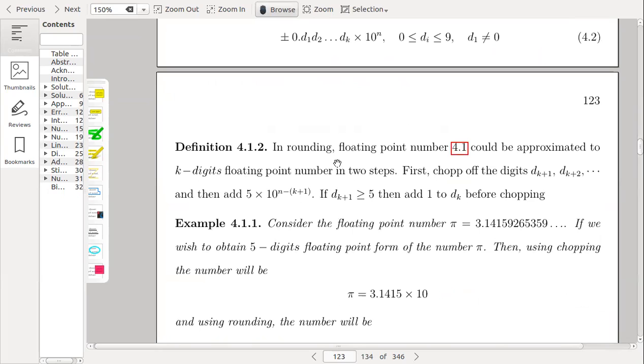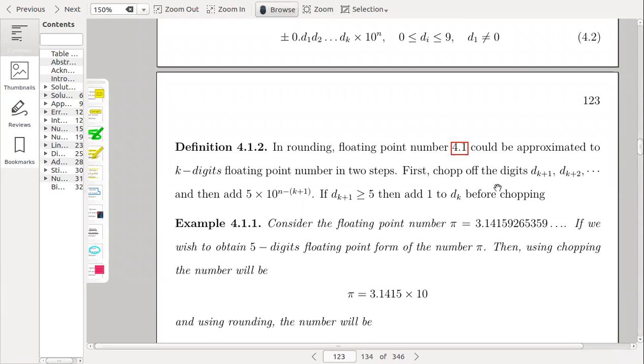Now for rounding: in rounding, a floating point number can be approximated to k digits in two steps.